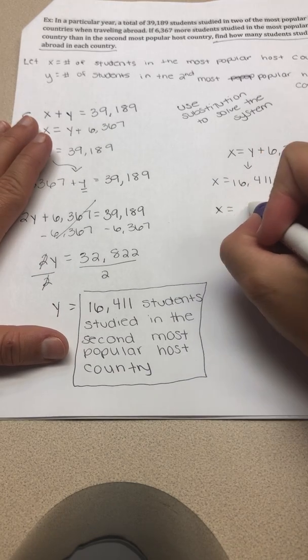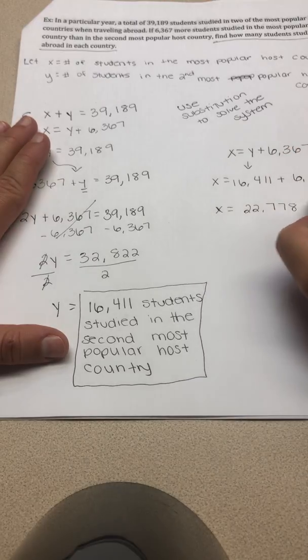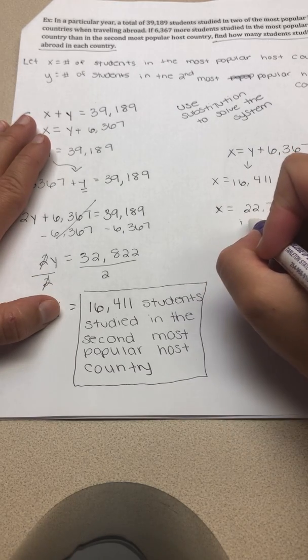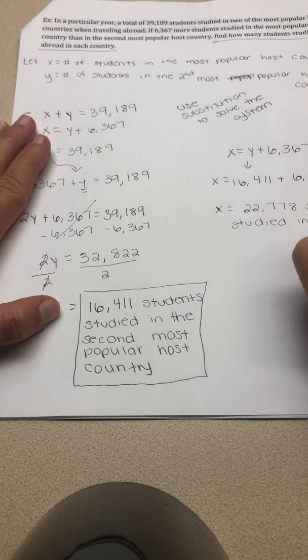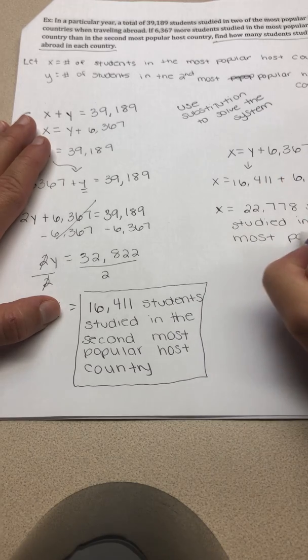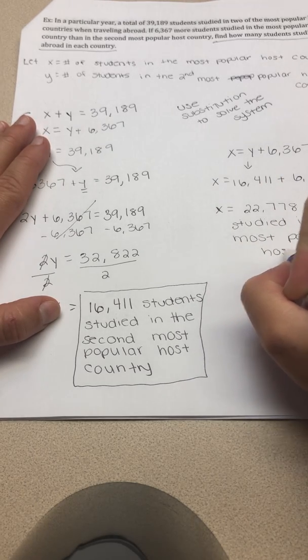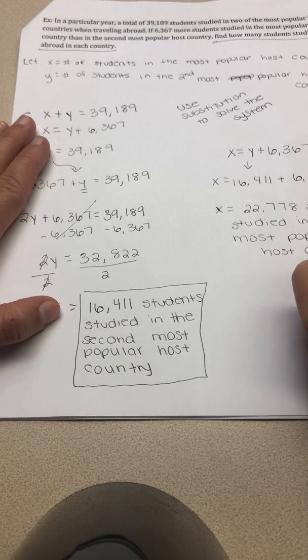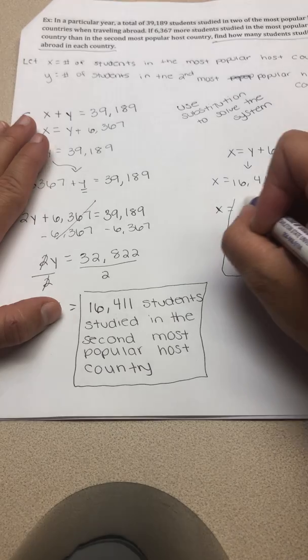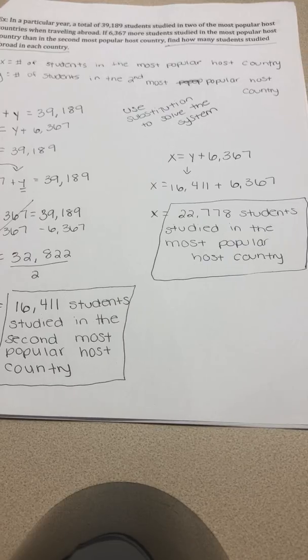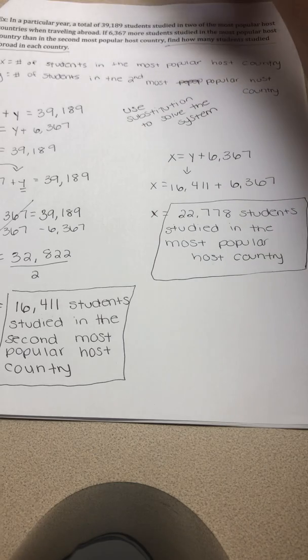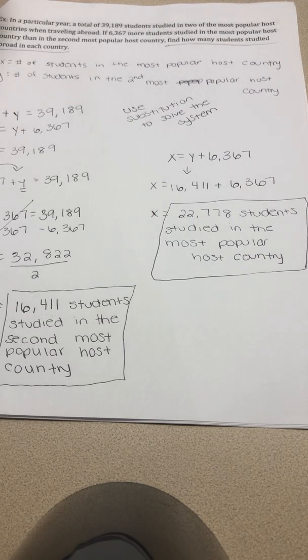That will give us x equals 22,778 students studied in the most popular host country. So there we go. Another one done.